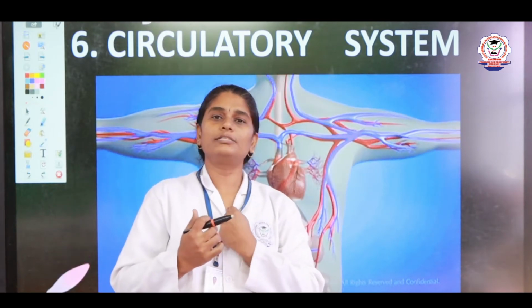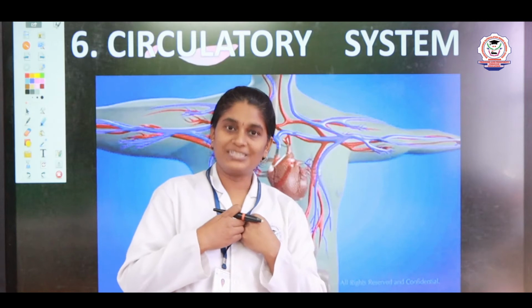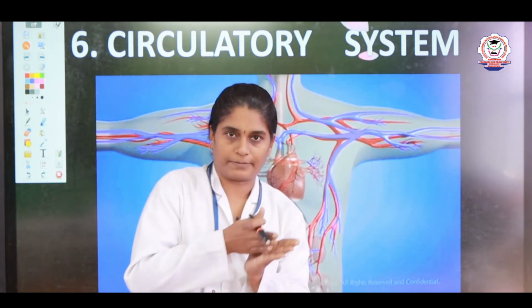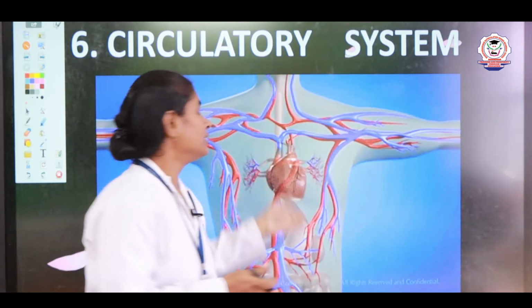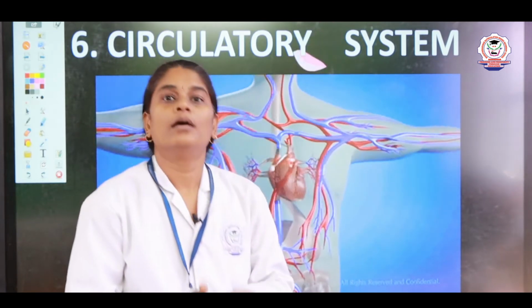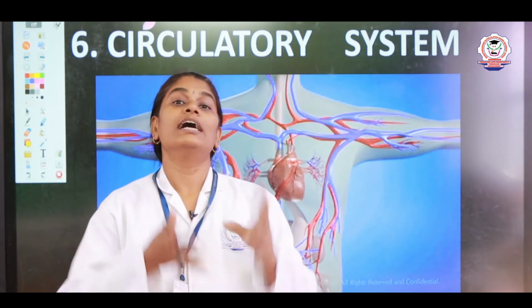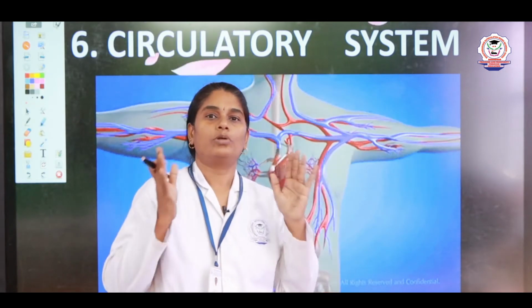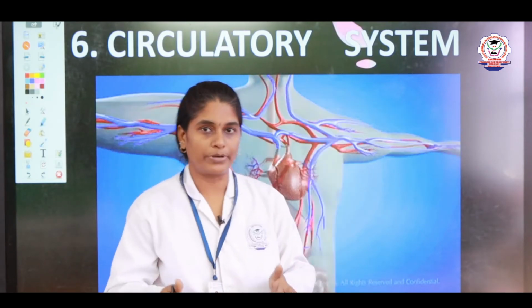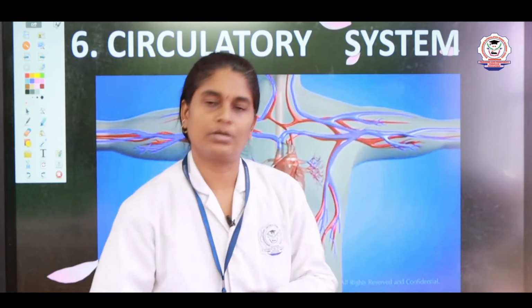The heart is present in the chest region, slightly tilted to the left, and it is protected by the bony skeleton known as the rib cage. Not only the heart, the lungs are also protected by the rib cage, right?